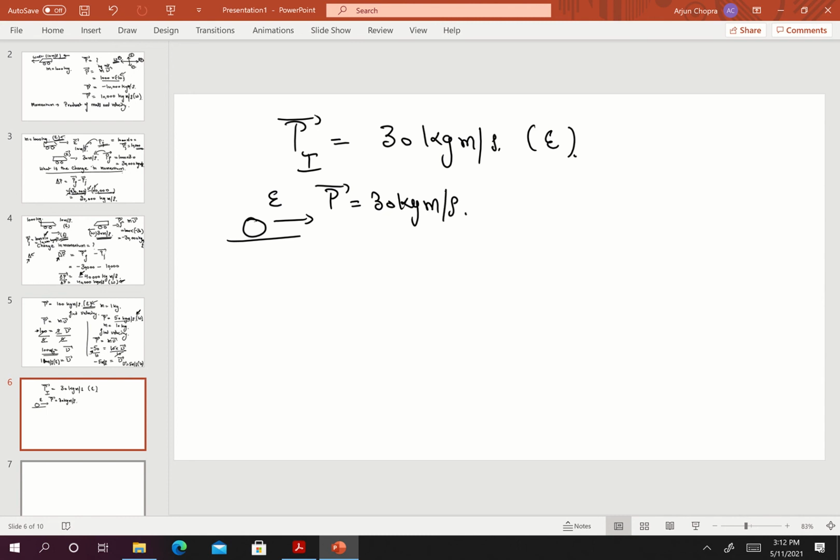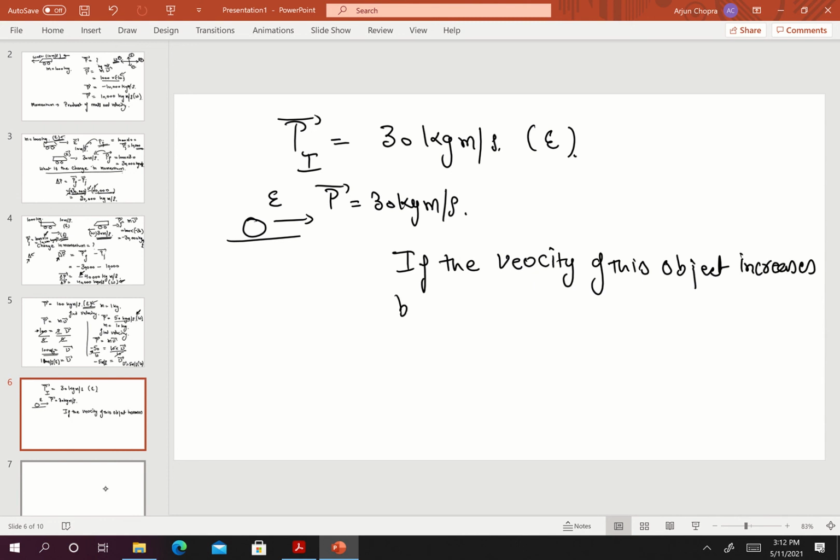That's given to me. Now if the velocity of this object increases by twice, what will be the final momentum?